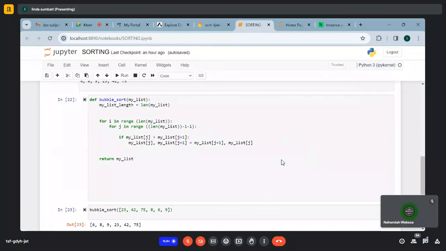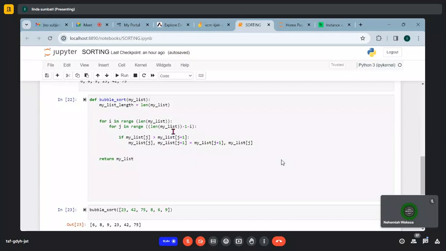So you are instructing your algorithm to ignore that 100 when it runs, because it is the largest number and already at the end. It doesn't have to compare it again to the others. It will leave that 100 and go back to the remaining ones to sort, so that the second largest goes to the second last position. You see? So that is why we've introduced the minus I.